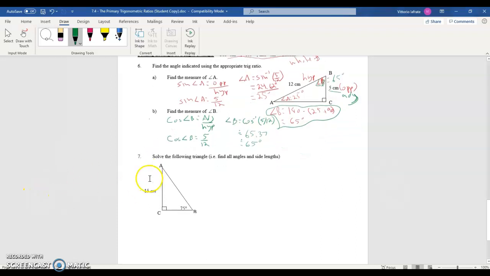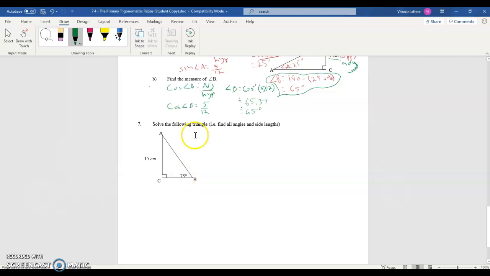So we'll do this last question here, solving a triangle. I already did one above to show you how that works, so you could probably just try this on your own and verify with me to see that you have done everything correctly. So we're solving for the triangle. We're basically looking for everything here. So I'm going to start off by labeling all sides. This is called side c, which is my hypotenuse all the time.